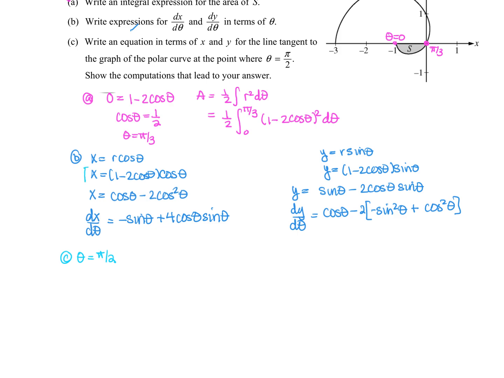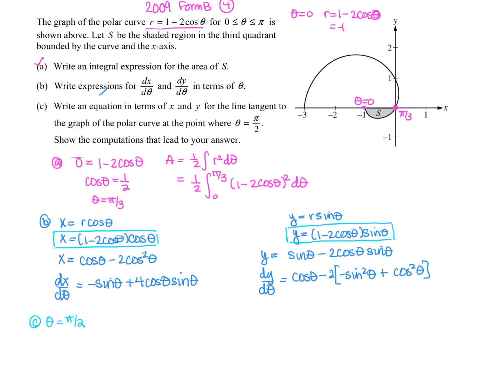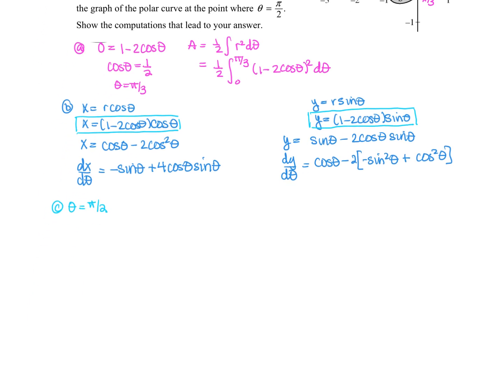The points are going to come from the x equation and the y equation. You can just plug in pi over 2 there, or we can look at the graph. At pi over 2, we know that our point is at x equals 0, y equals 0. But if you didn't notice it on the graph, you can just go ahead and use the equations.